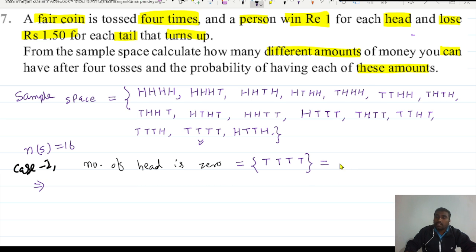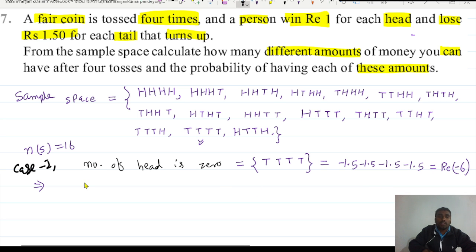You are getting tail, so you have to give minus 1.5, again minus 1.5, again minus 1.5, again minus 1.5, because here you got tail. So the total is minus 6 rupees. In this situation, this is nothing but minus 6 rupees you have to pay. Okay, this is the case for this one.